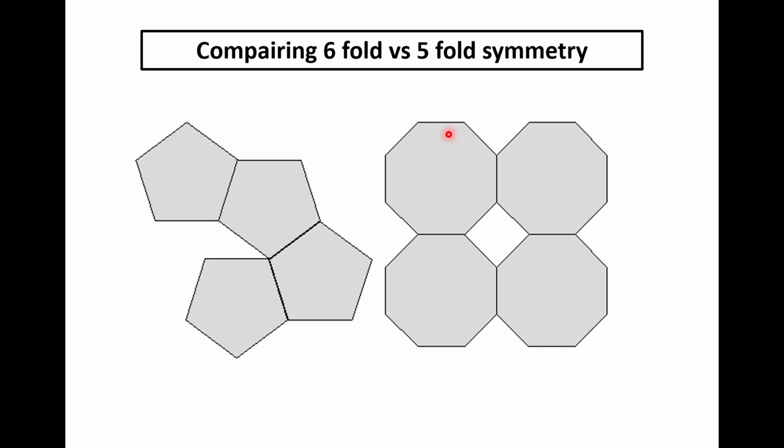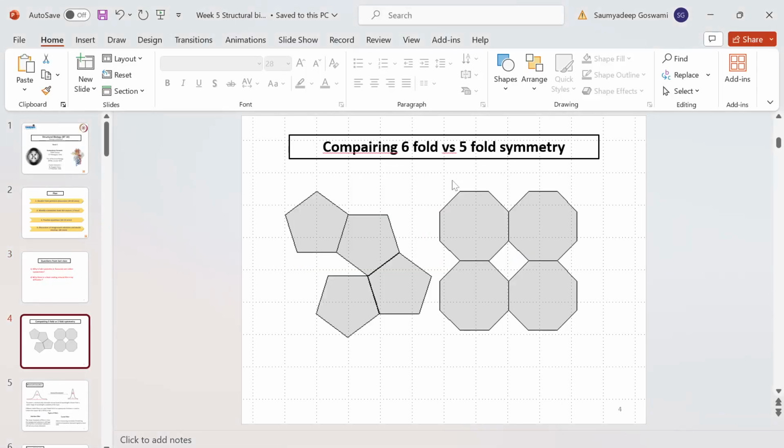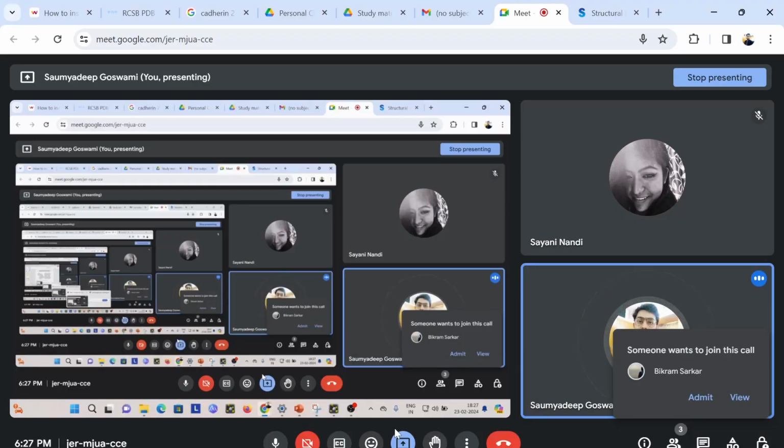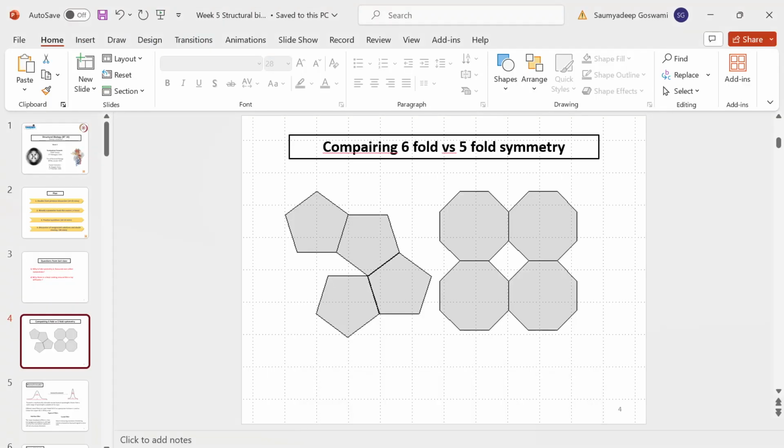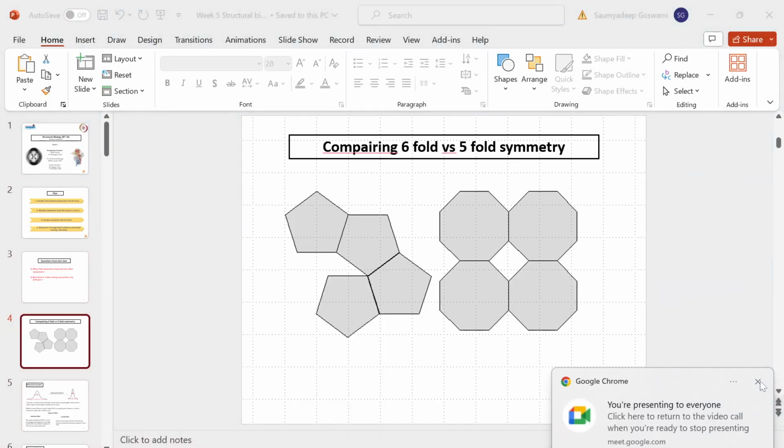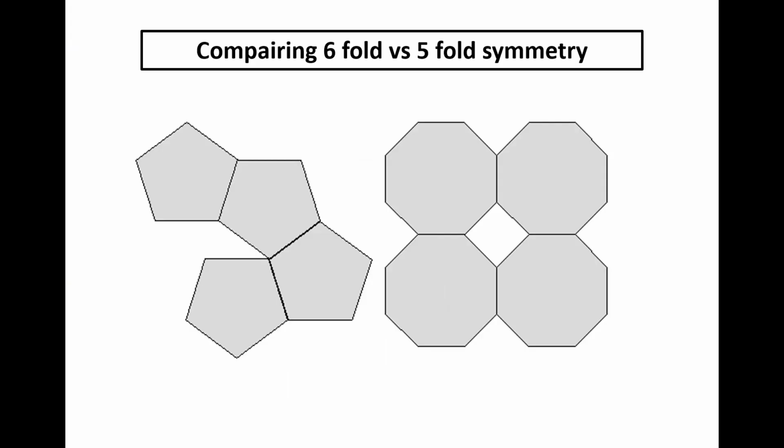So people said that in a crystal, for getting a three-dimensional ordered form, you need to minimize these empty spaces. Otherwise it will be more like a fluid, right? So to minimize the space, six-fold symmetry is more favorable.